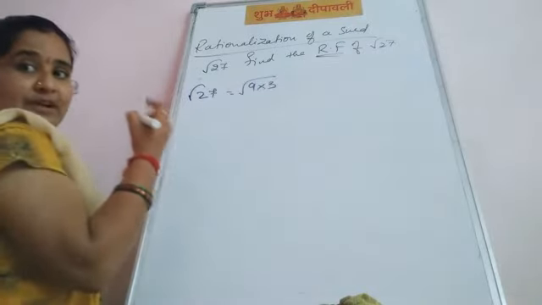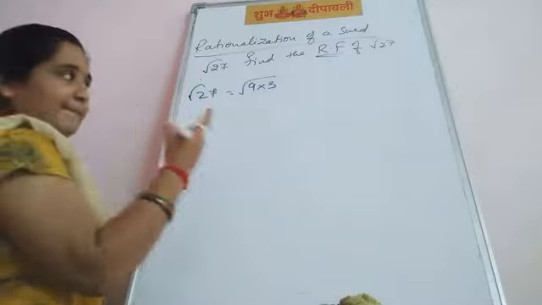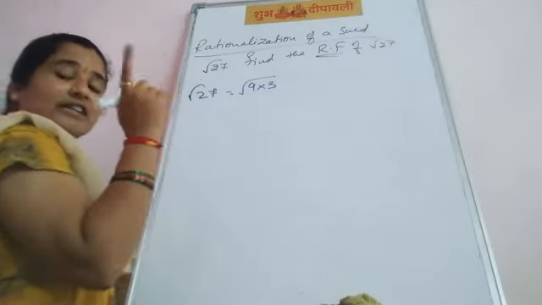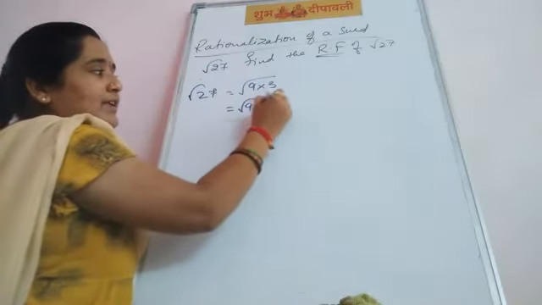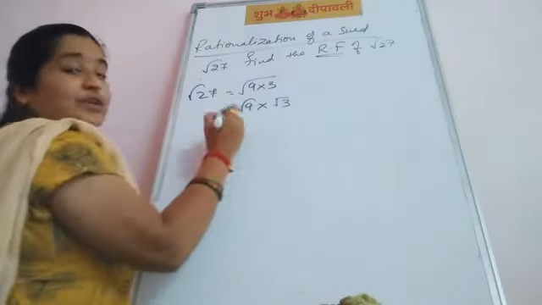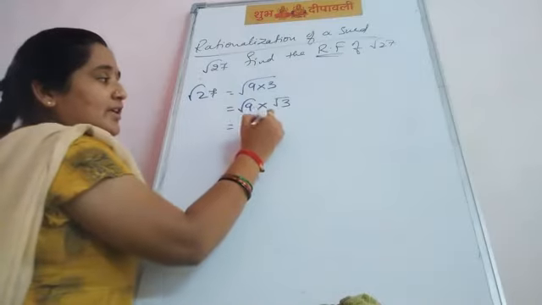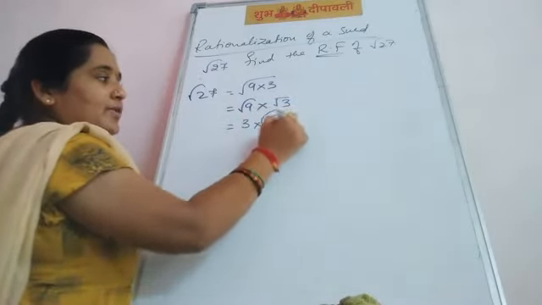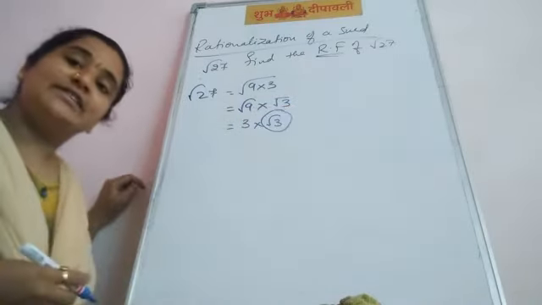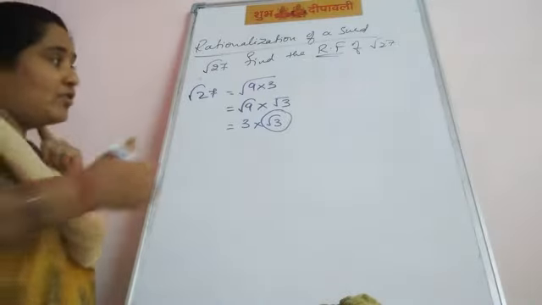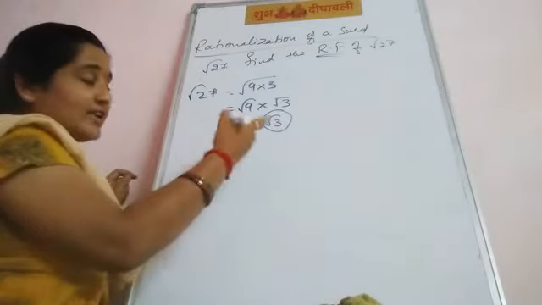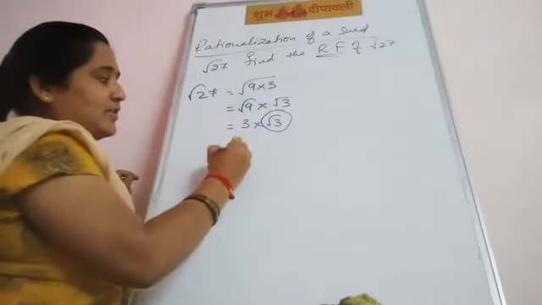One should be a perfect square number and the other a prime number. Now separate root 9 into root 3. Square root of 9 is 3. So 3 into root 3. Here root 3 is the rationalizing factor. And what about this 3? It is a coefficient. Now to find the rationalizing factor, multiply by root 3.